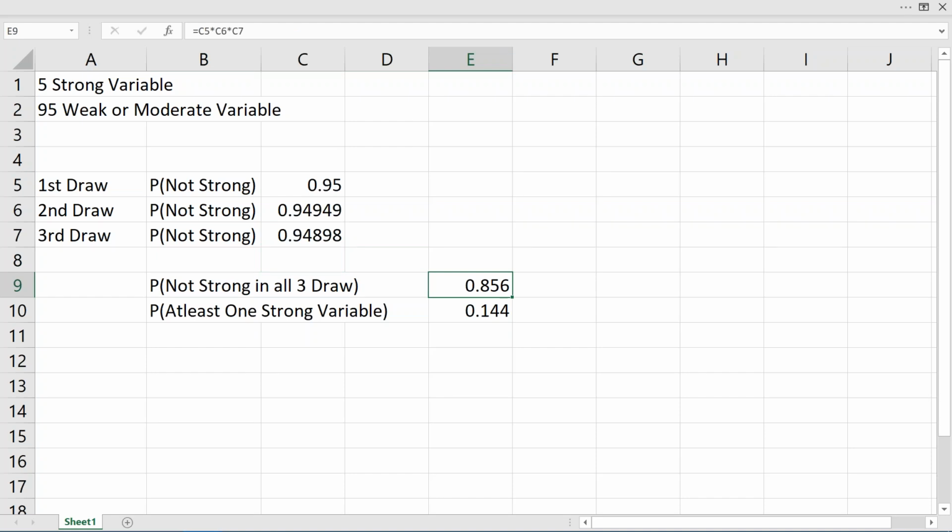So the probability of getting at least one strong variable will be equal to 1 minus 0.856, that is 0.144. What it means is, if I consider only 3 variables to build a model, there is only a 14% chance of a strong variable being selected.